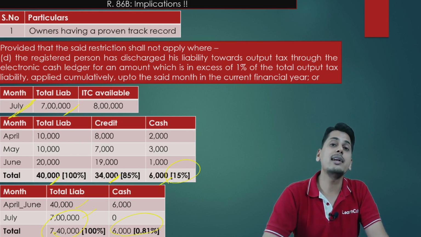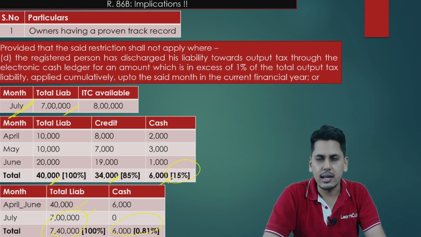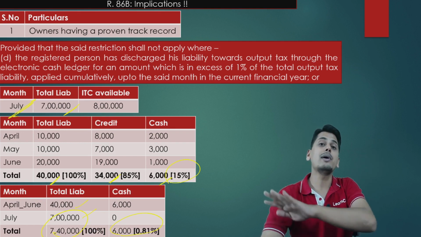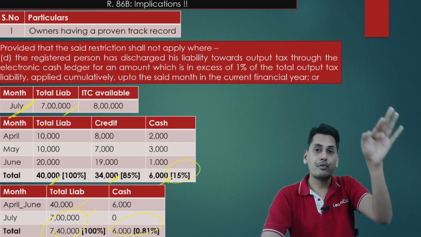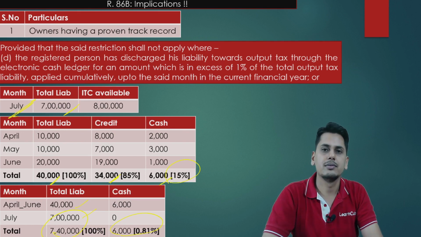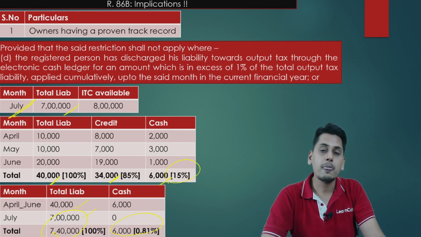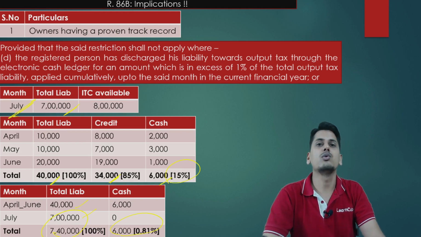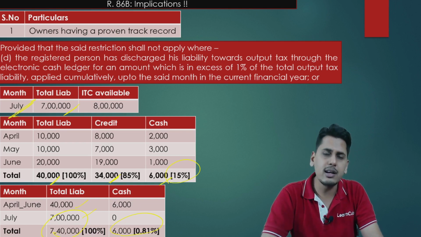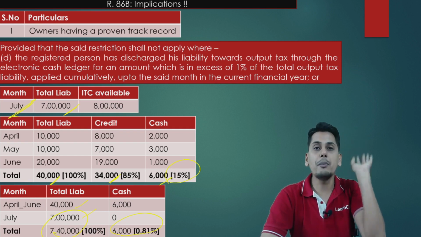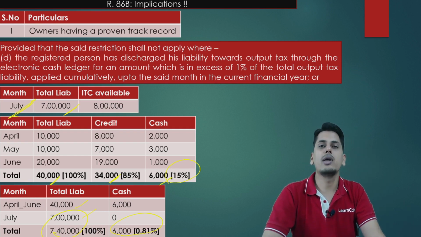It is 0.81%, which means that if you are not paying anything from the cash ledger for the tax period July, you are not in compliance of Rule 86B, which means that you will have to pay from your cash ledger to comply with Rule 86B.